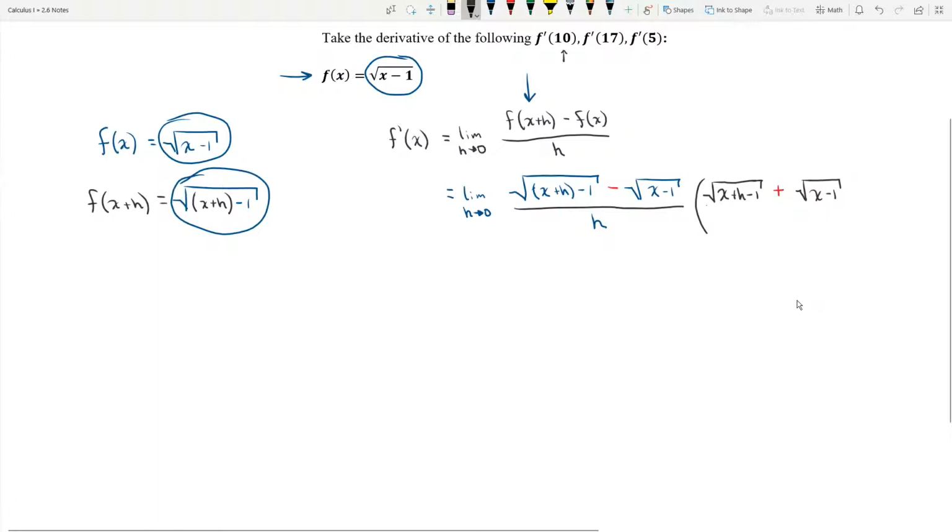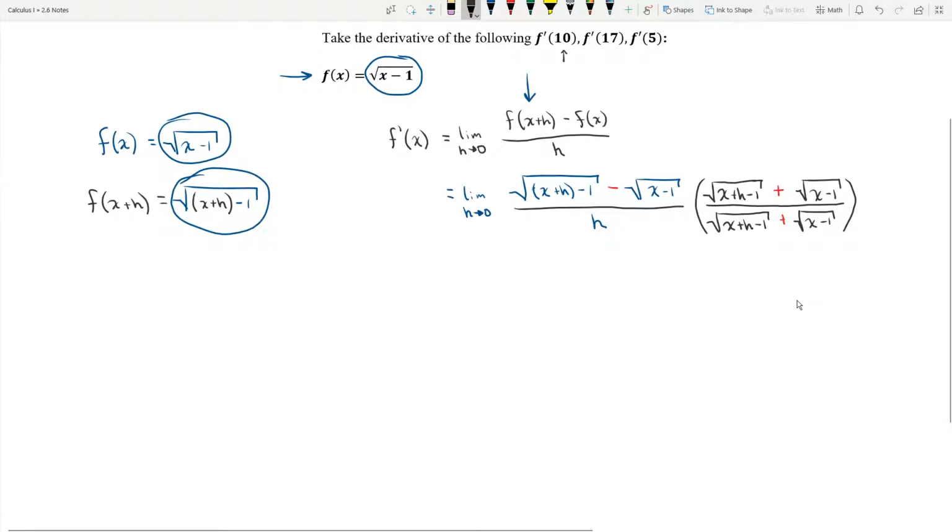And then, of course, to make sure that this is still an equivalent fraction, I need to make sure that I multiply the numerator and denominator by that same expression. So we have the square root of x plus h minus 1 plus the square root of x minus 1.